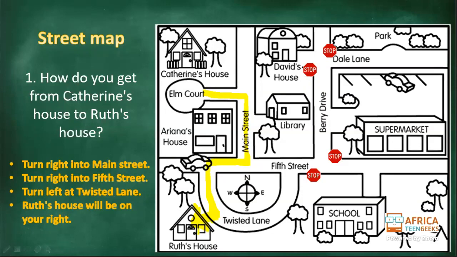So if you're getting confused, pretend that you or some little guy is walking down the street and you are, like if you're coming down Main Street, then your right side will be where Ariana's house is and your left side will be where the library is. But if I'm looking at the screen, it's the other way around. All right, let's go to the next one.